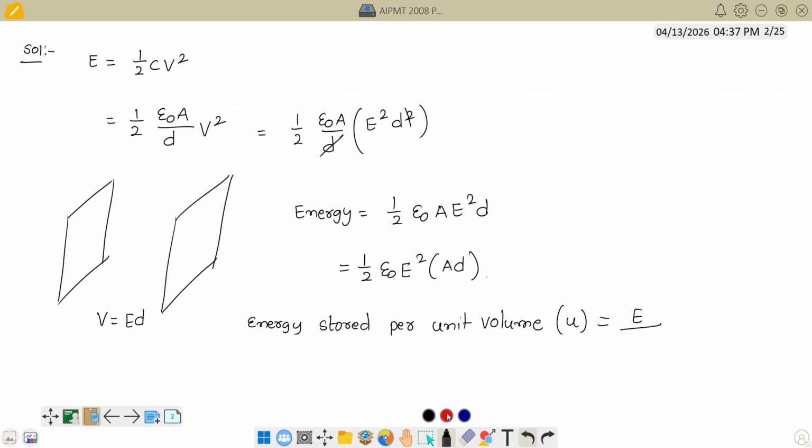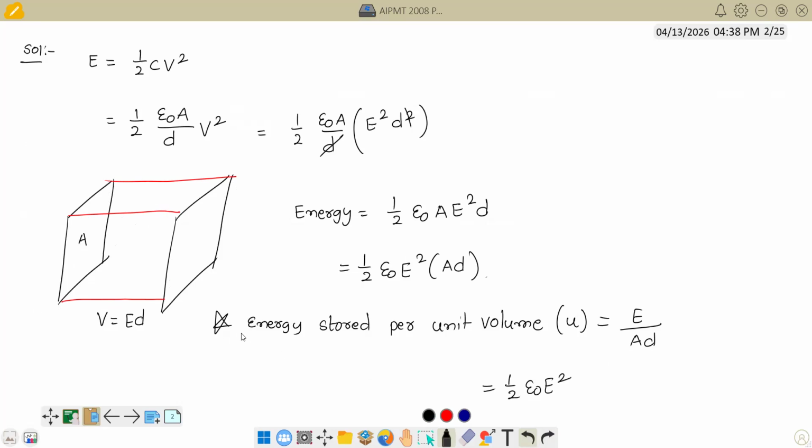What is the volume here? If I take the plates and the distance between them is d, it looks like an imaginary cube or cuboid. The volume would be the cross-section area A into the distance between the plates. So u, energy divided by A d, would be half epsilon naught E square.